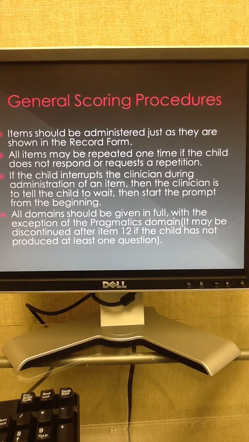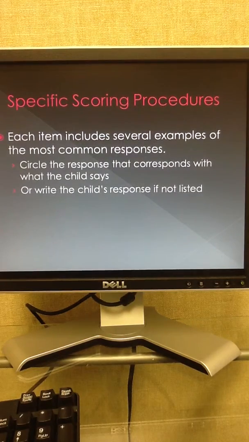All of the domains should be given in full. The only exception is the pragmatics domain, and that one can be discontinued after item 12 if the child hasn't produced at least one question. And specifically, each item includes several examples of the most common responses on the record form.